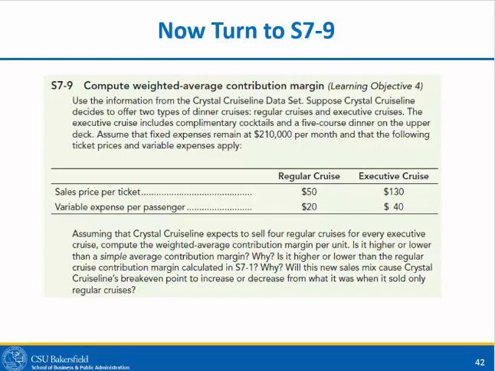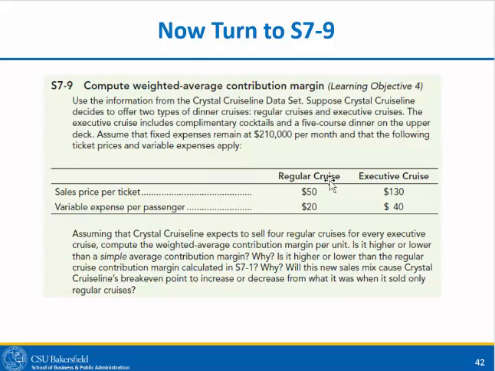The executive cruise includes complimentary cocktails and a 5-course dinner, which is a lot better, on the upper deck. Assume that fixed expenses remain at $210,000 per month, and that the following ticket prices and variable expenses apply. So this is a summary.